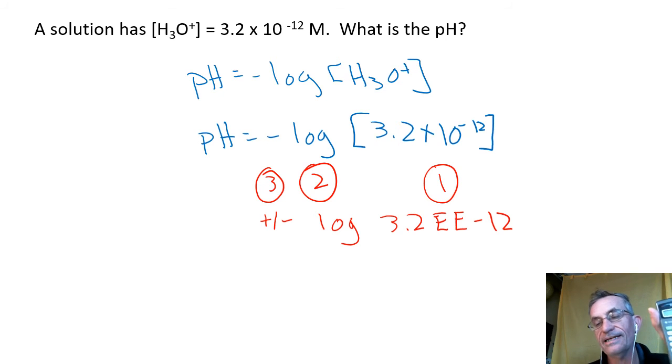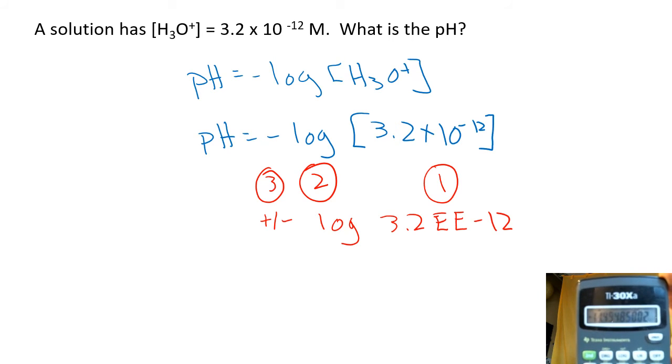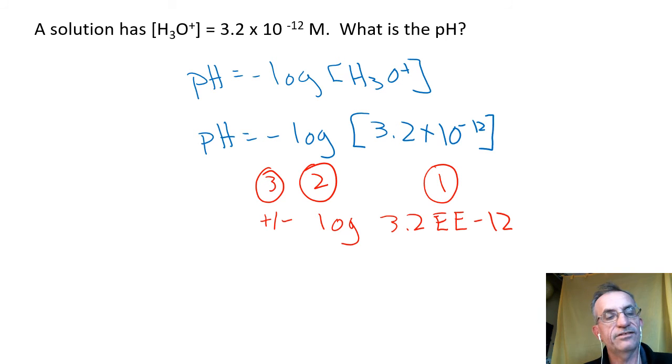All right, so let me do it on my calculator. I enter the number. 3.2, EE, negative 12. Hit the log button. When you hit the log button, that's what it says, I hope. After you hit the log button, then the last thing you do is you hit the plus minus key to reverse the sign.